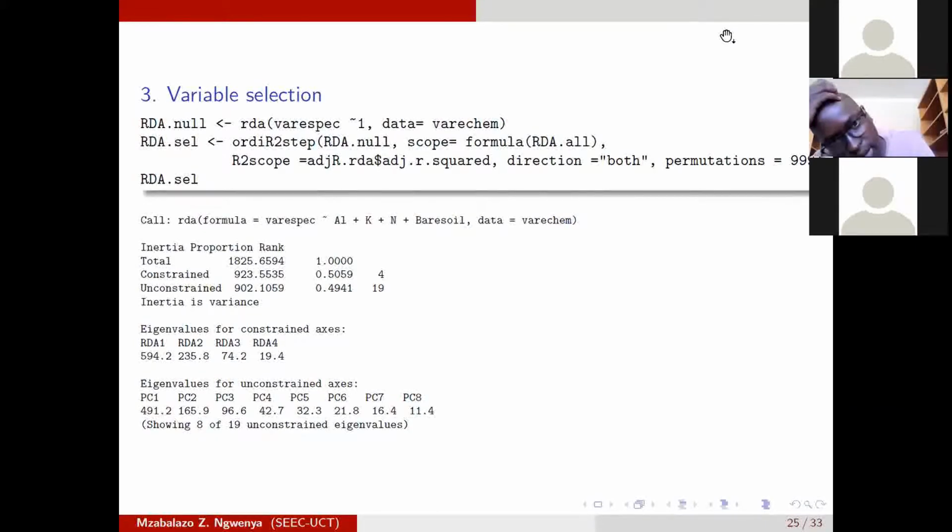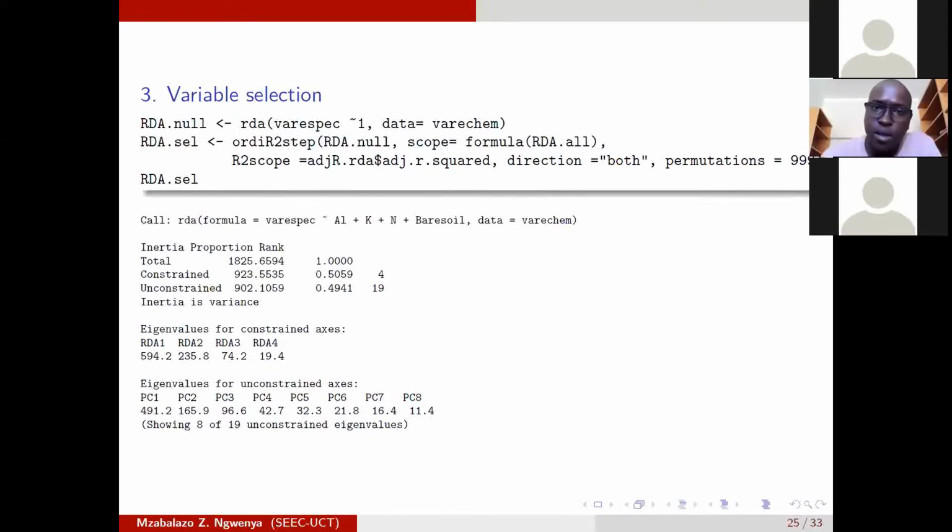Remember, this is related to multiple regression. In regression, you might take a variable, put it into the regression and see if it's an improvement over the model without that variable. That's essentially what's happening here. So you can specify the direction of your variable selection: either you're starting with all variables and going backward, removing some, or you're starting from your null model and adding them in, which is forward selection.